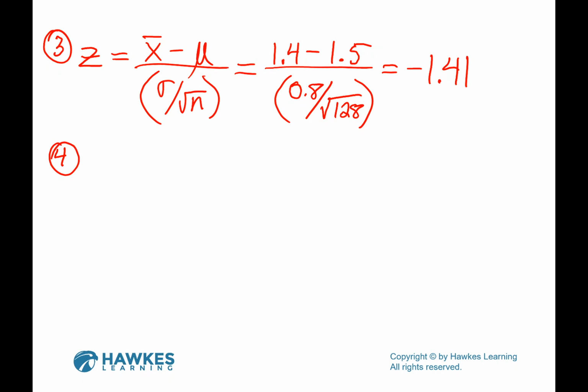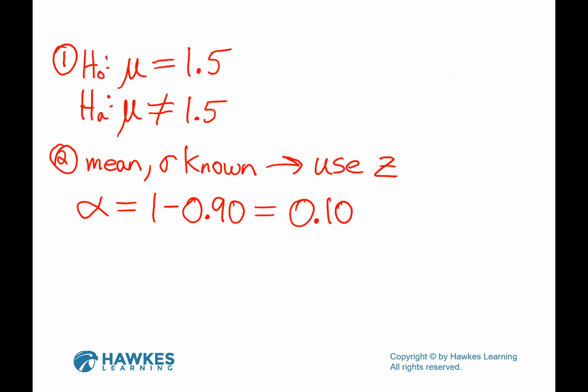For our p-value, this is two-tailed, so we've got to keep track of two pieces on our curve. Right? So we've got two z's we're concerned with, negative 1.41 and positive 1.41. We want the area in both of those tails. Okay, so let me take note that it's two-tailed.